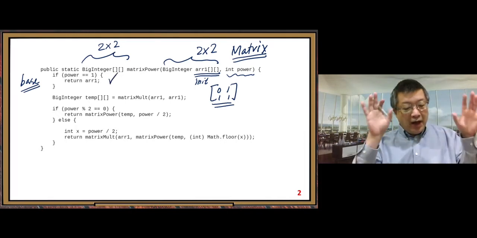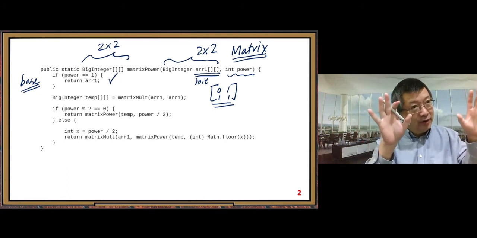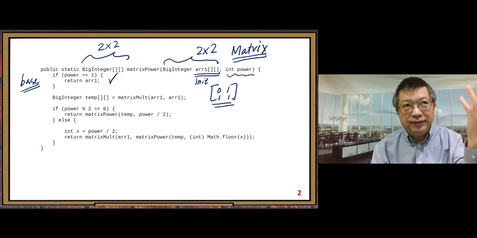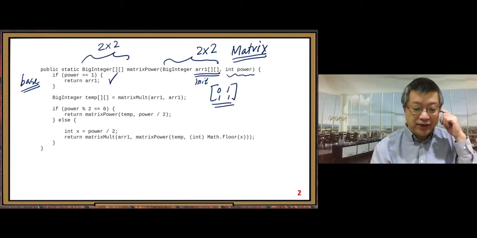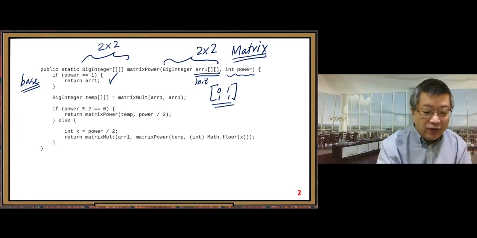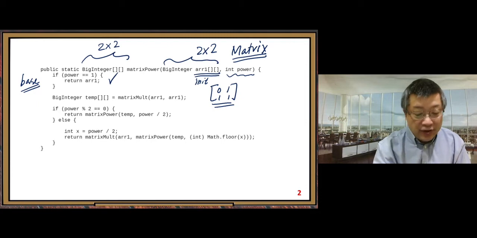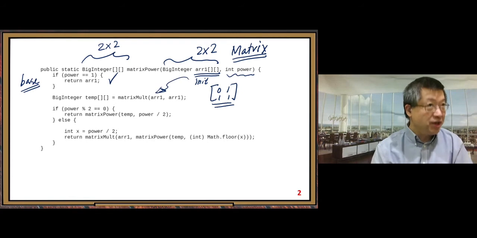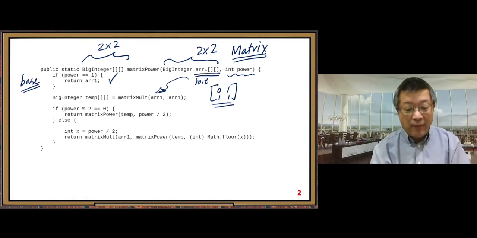Otherwise, the power is greater than 1. Now we consider the special cases. First, create a temporary array. This temporary is the square of the initial 2D array, or matrix.